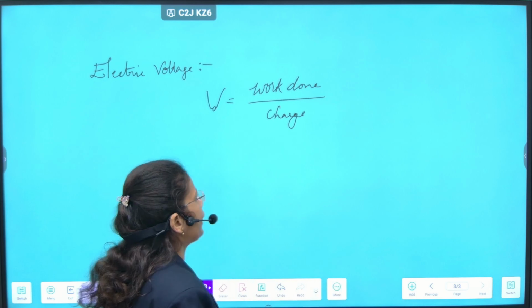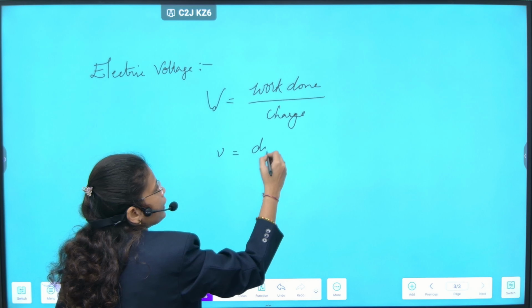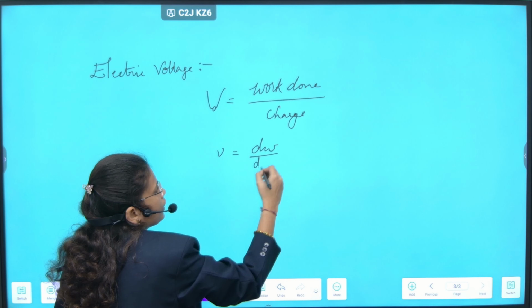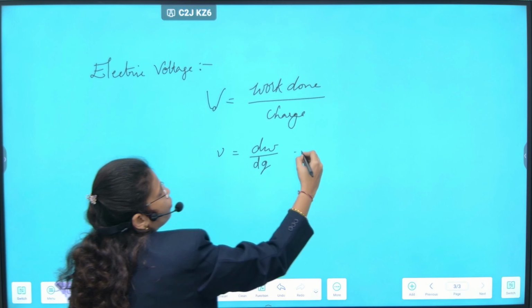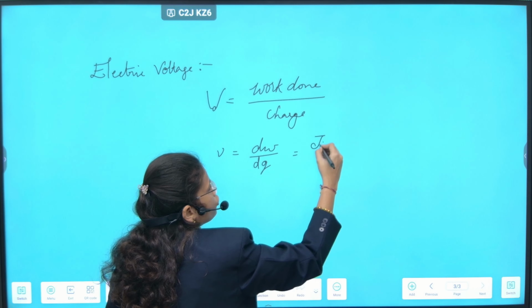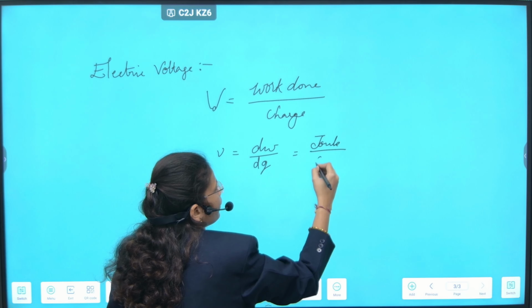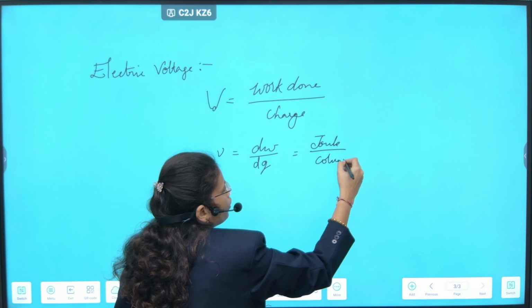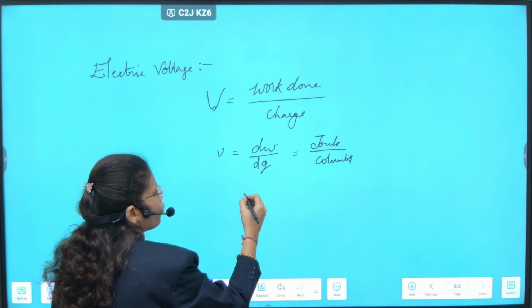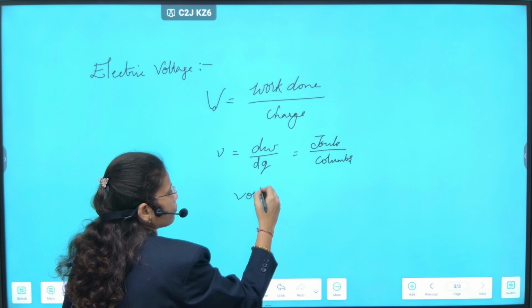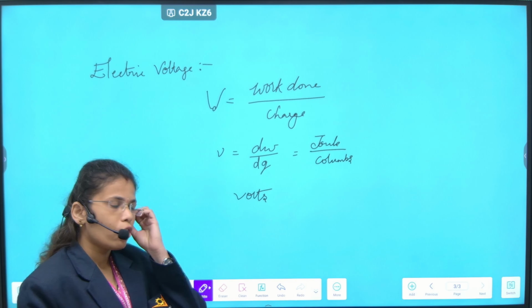So V equals dW by dq. The unit of work is joule, and the unit of q is coulomb. Joules per coulomb is known as volts.